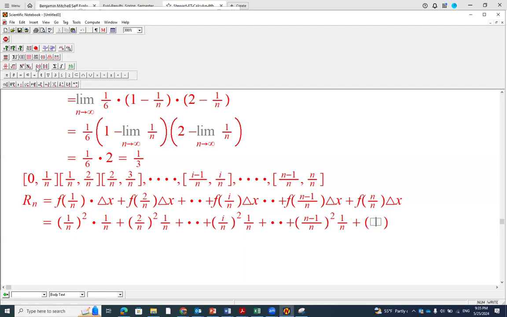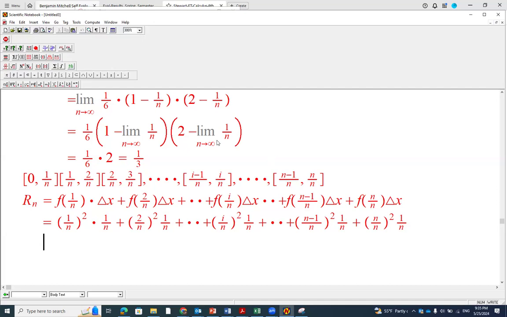The last one is going to be n over n, which of course is 1 squared, multiplied by delta x. In a similar manner, 1 over n is equal to delta x in this case.